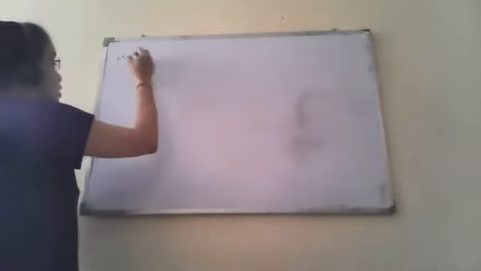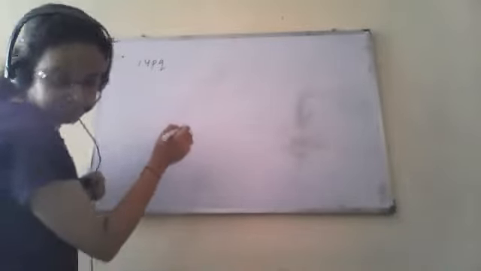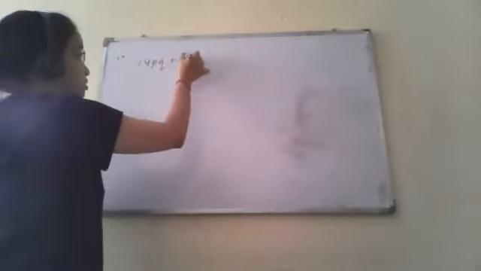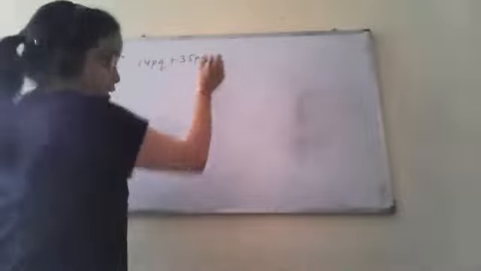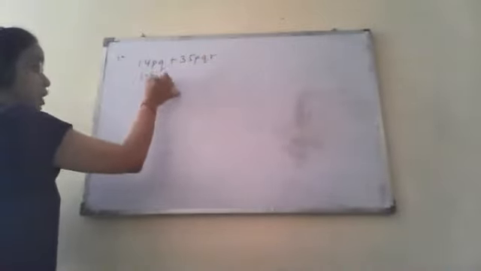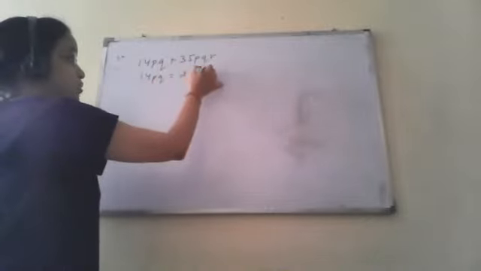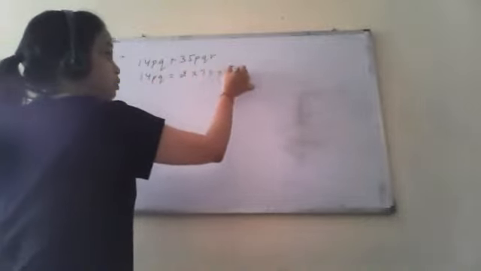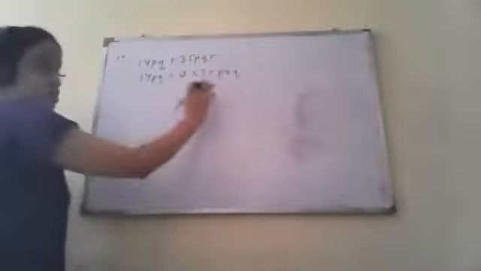The next example we have is 14pq plus 35pqr. Clear? So this 14pq can be written as 2 into 7 into p into q, and these are the factors of this term.